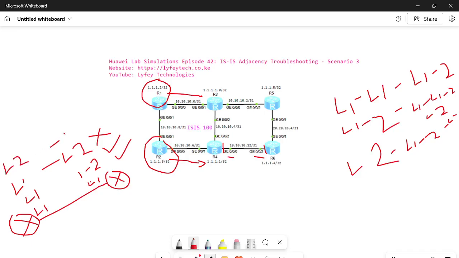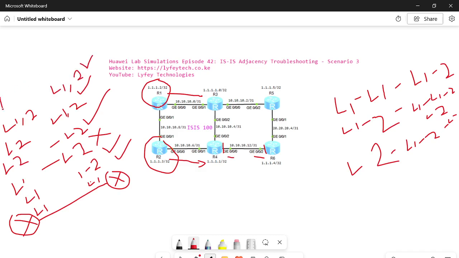And again, if you have level 2 and you have level 2, the adjacency will come up. If you have level 2 and you have level 1, 2, the adjacency will also come up. If you have level 1, 2 and you also have level 1, 2 on this other end, the adjacency will also come up.